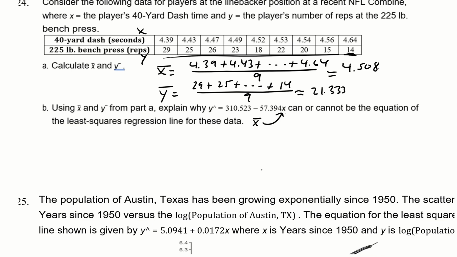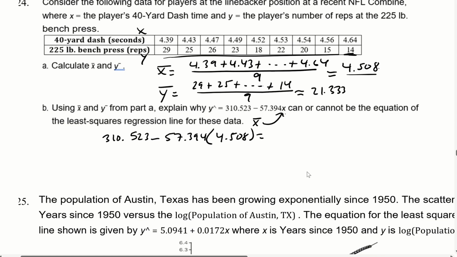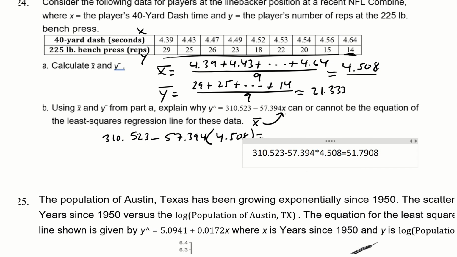So let's see if that's true. We get 310.523 minus 57.394 times x bar, 4.508. Let's see what I get: 310.523 minus 57.394 times 4.508 gives 51.79.